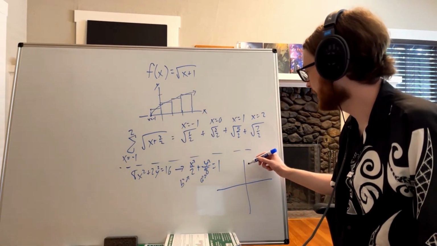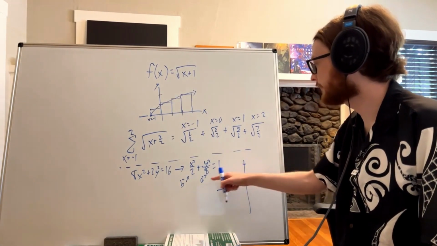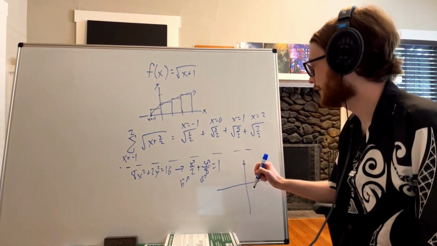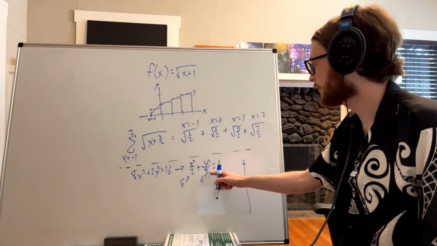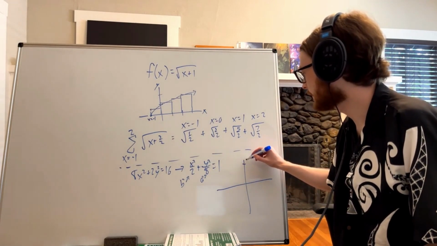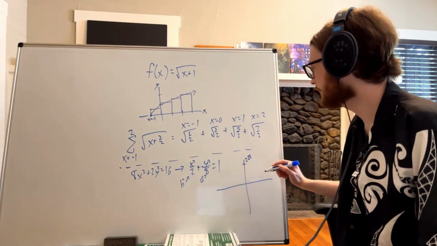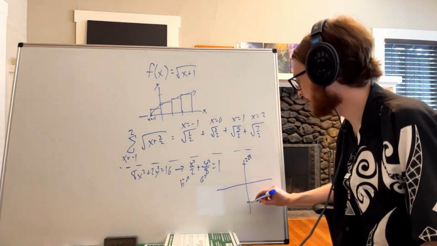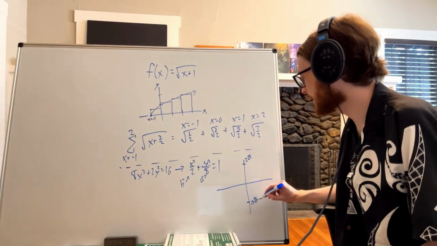The y coordinate up here is just a, so it's going to be the square root of 8, so 2 root 2. Same thing down here with negative 2 root 2. I'm not really drawing it that accurately, but.